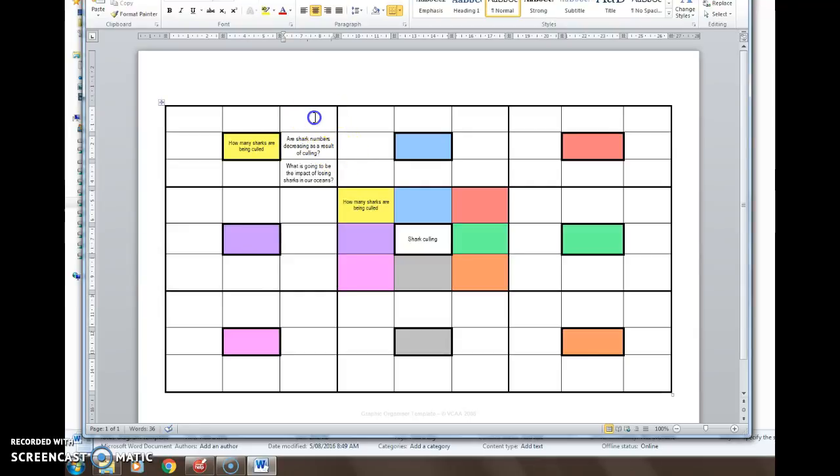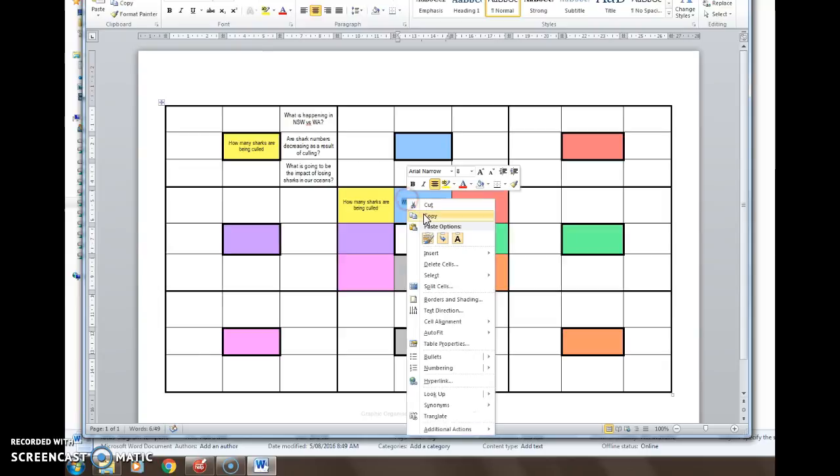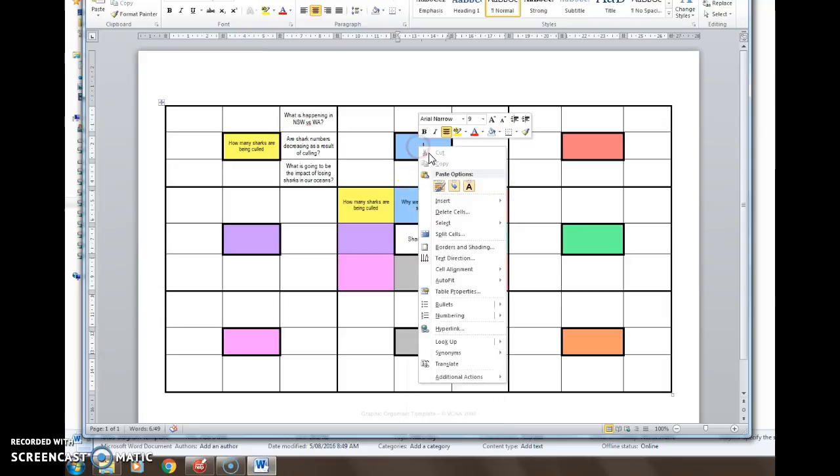So this is just a way of you exploring your topic in a little bit more detail. What is happening in New South Wales versus WA, because that's the two places where shark culling is occurring, and you continue around on your topic like that. You might have why we need to cull sharks. Do we need to cull sharks? Could be another one that you then put elsewhere.